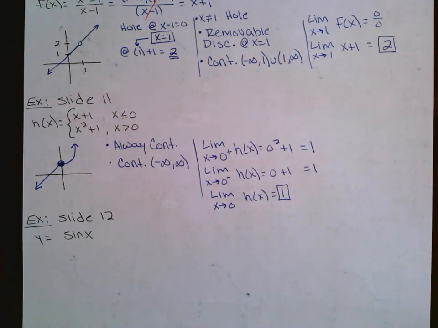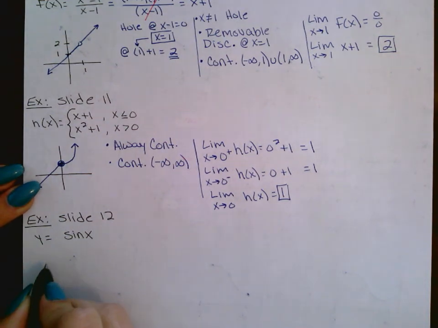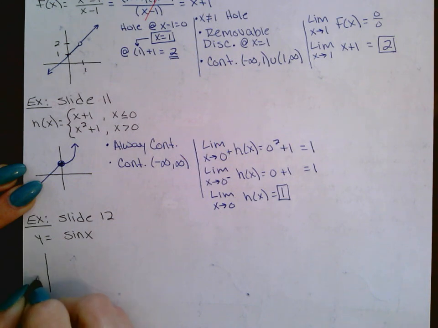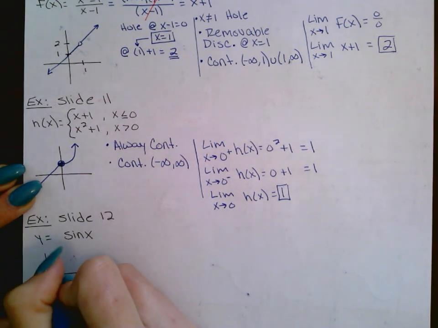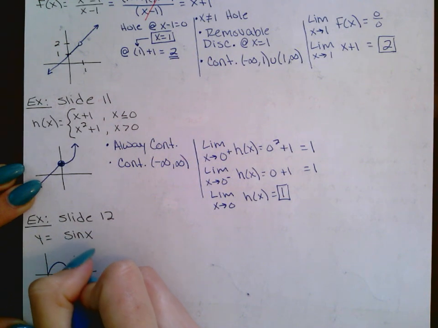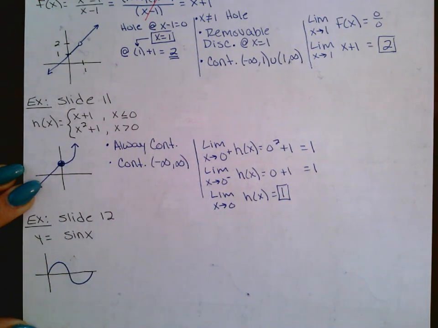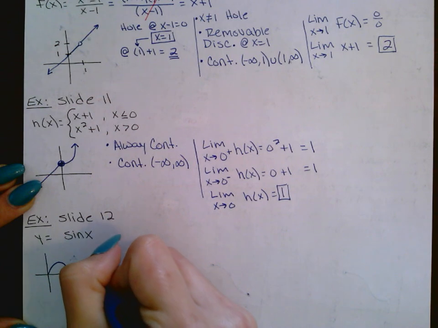All right, for this next function we have sine of x. And hopefully you remember your trig functions. Sine, I always tell my class, is like a stop sign. It goes over, then under. Now this, what we drew here, is just one cycle.